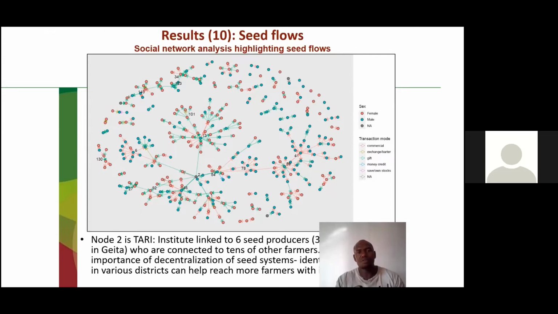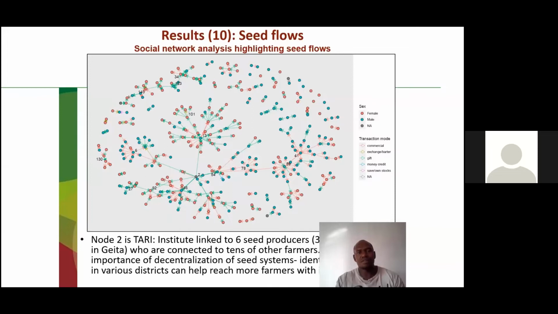One key thing to note is that the people who are numbered here are those who had more than 10 connections. So if number 54 is linked to TARI, he has more than 10 connections. He is linked to number 78, who also has more than 10 connections. That one is also linked to number 59, who also has more than 10 connections, and down further to 41 with more connections.